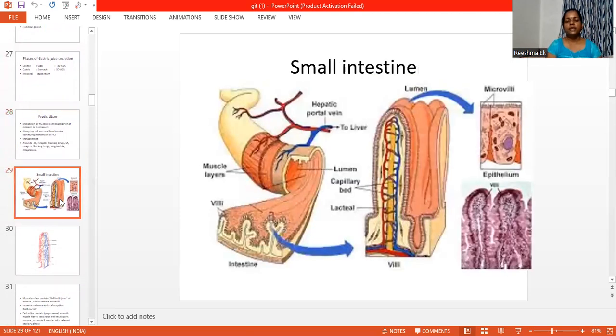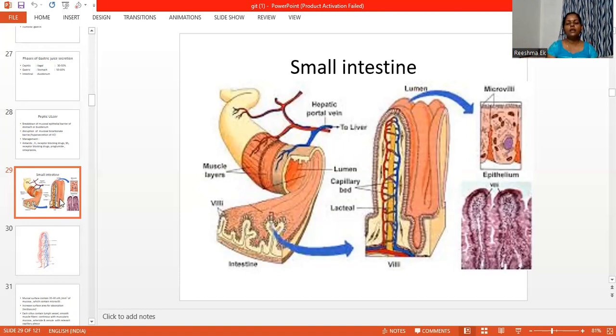The next part of the gastrointestinal tract is the small intestine. The small intestine is a part of the gastrointestinal tract seen between the stomach and large intestine. There are three parts to the small intestine. The first part is the duodenum, the second part is the jejunum, and the third is the ileum.